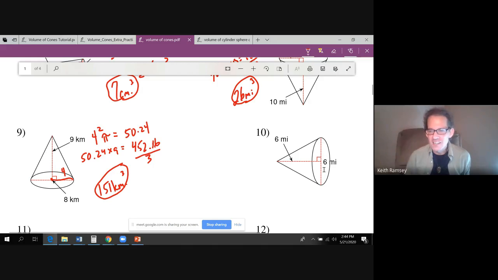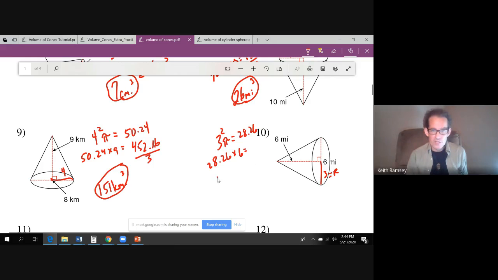So you've got a diameter of 6. We want half of that for the radius, which would be 3. So my first step is pi r squared, 3 to the second power times pi. So 3 times 3 is 9. 9 times pi is 28.26. Step 2 is multiply that by the height, which is 6.